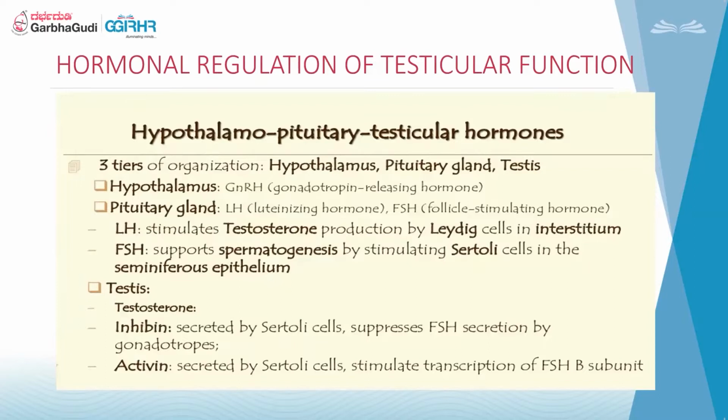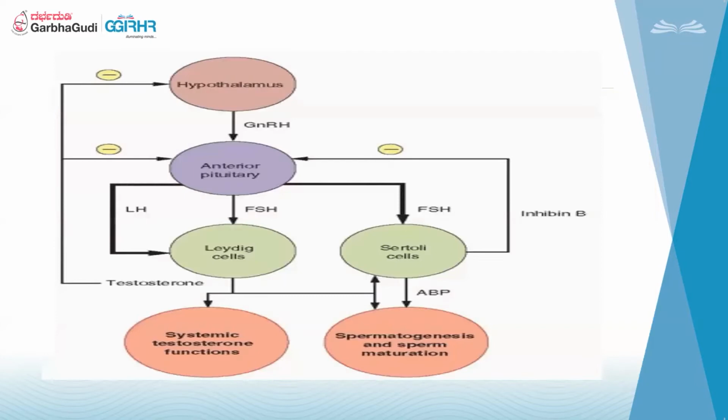Coming to the hormonal regulation of testicular function, it is at 3 levels: the hypothalamus, the pituitary, and the gonad, which is the testis. The hypothalamus releases gonadotropin releasing hormone, which triggers the anterior pituitary gland to secrete LH and FSH. LH acts on the Leydig cells and produces testosterone.